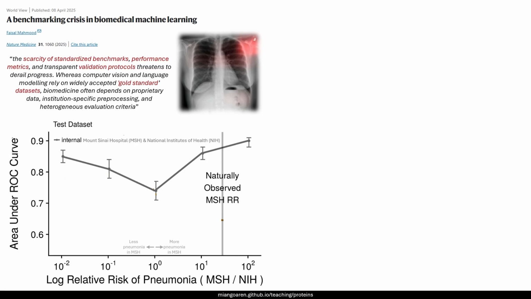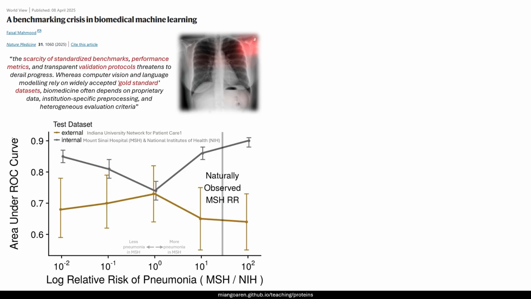So what would happen when we explore data that does not come from these two hospitals, but now assess how this classifier generalizes to data from a new hospital, which in this case is Indiana University Hospital? Now what we see is that the relative rate of detecting whether there is pneumonia or not decays to ROC values of approximately 0.7 in general terms.